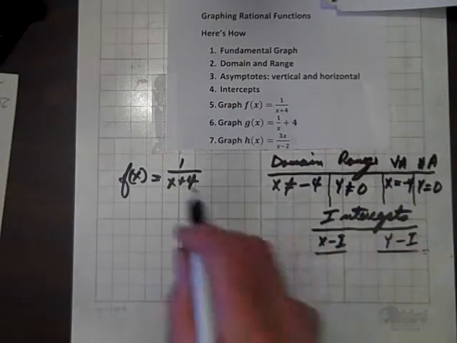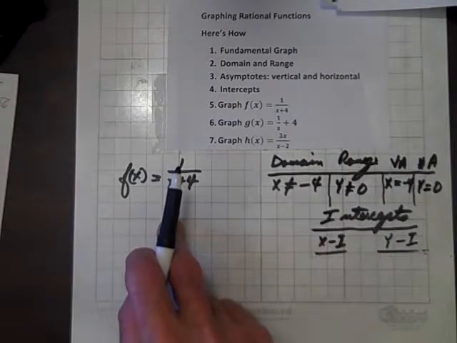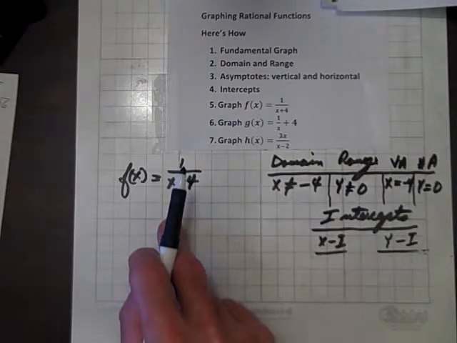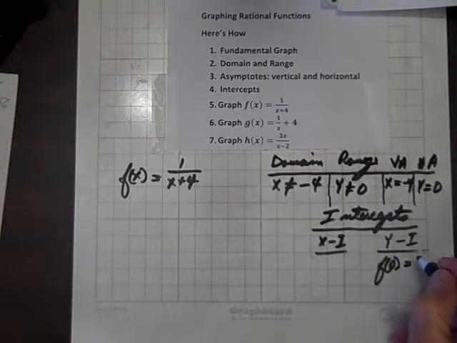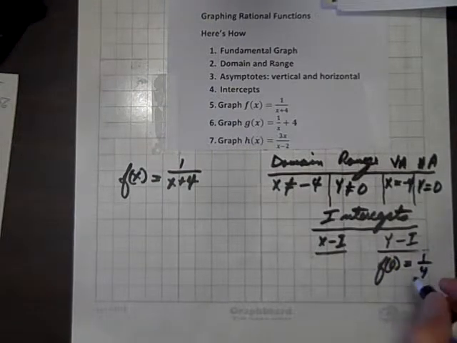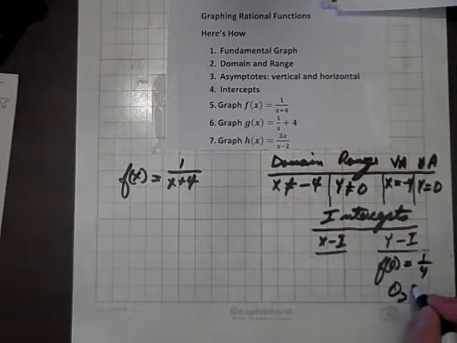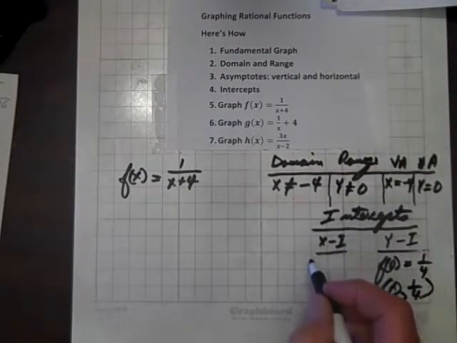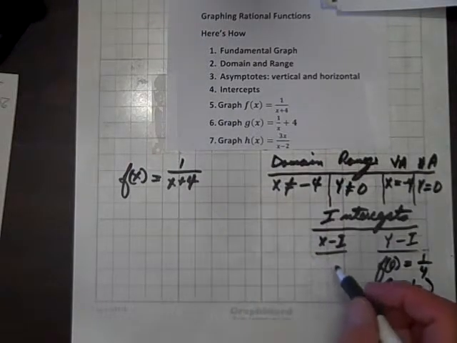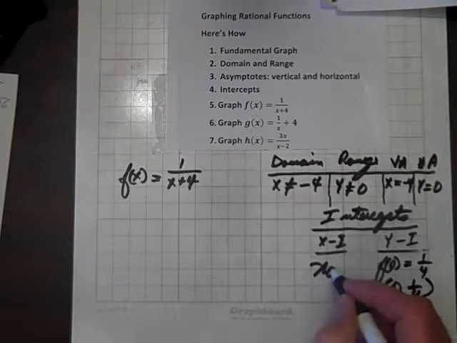Next, let's consider the intercepts. f of 0 equals 1/4, so our y-intercept is at (0, 1/4). On the other hand, there are no x-intercepts because f of x can never be 0, so there are none.